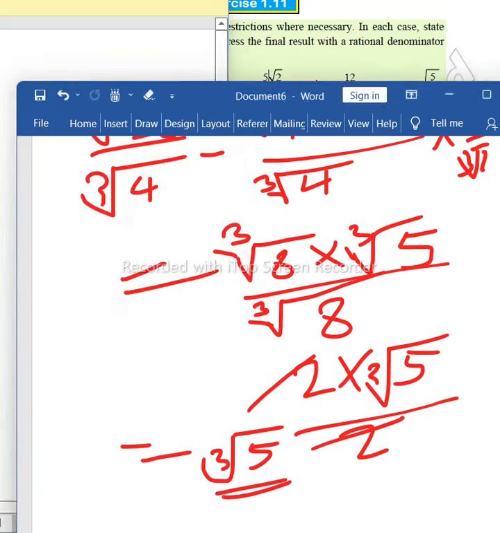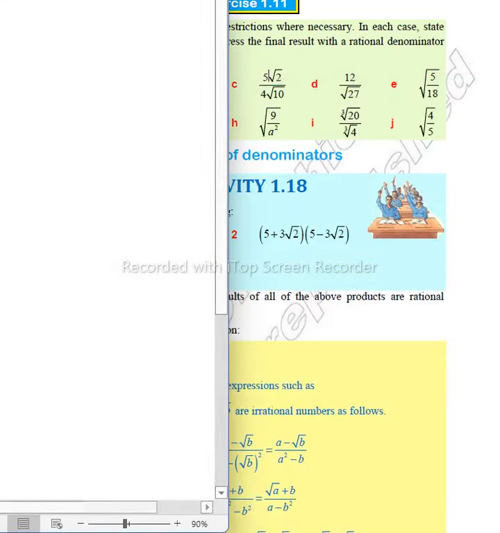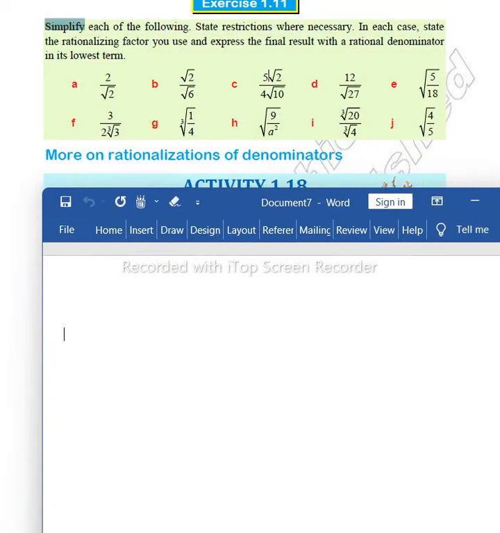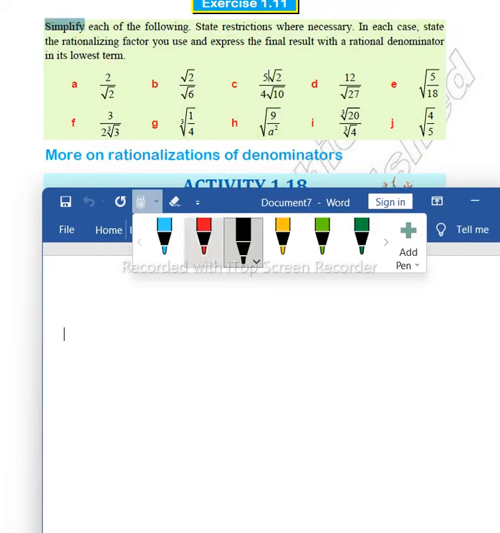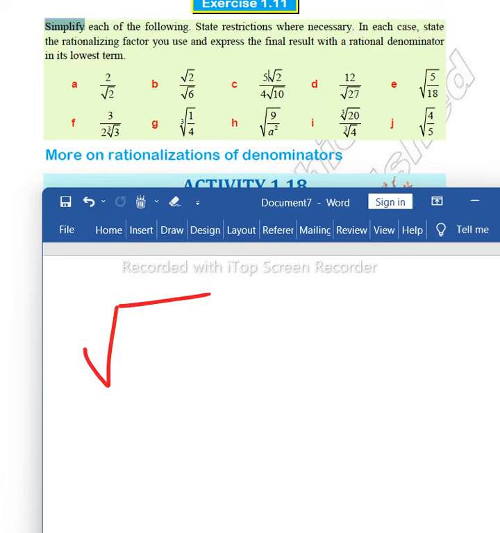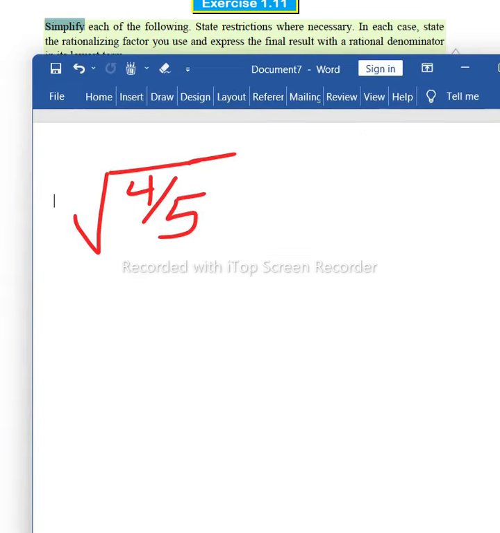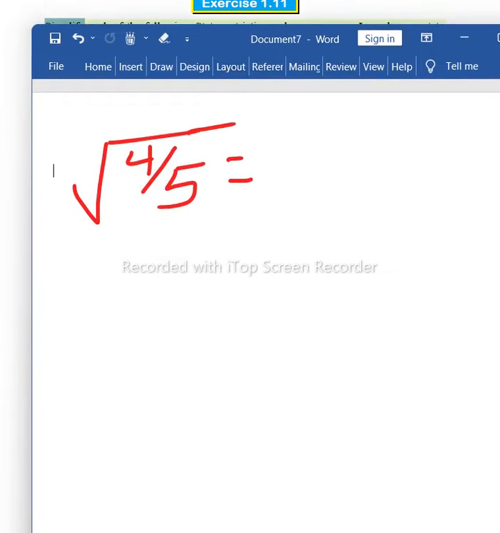We do the next question, letter J: square root of 4 over 5. Let us write this again: square root of 4 over square root of 5.